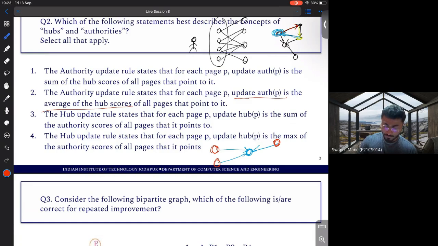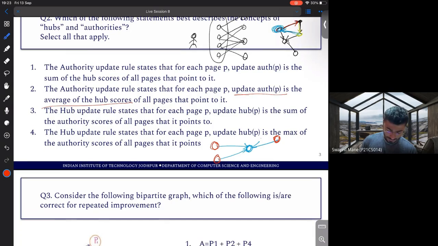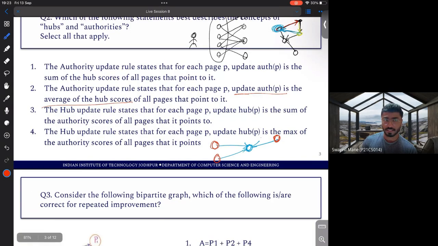So you might have understood the definition part. We'll take one example in the next question and discuss exactly how we calculate the authority score. So we take the summation of all the hubs which are pointing to that particular node.